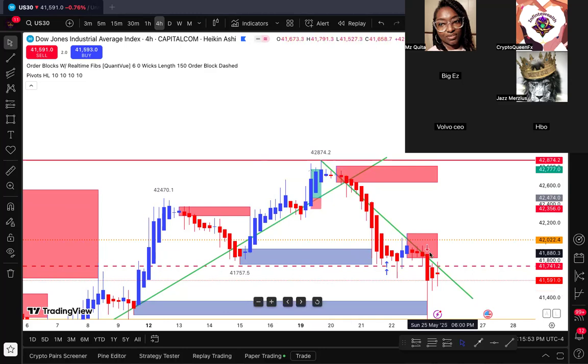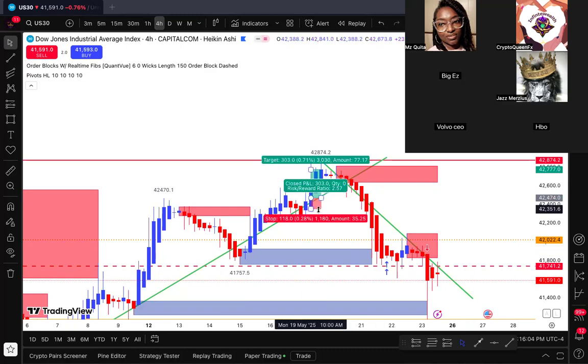But your stop loss, you can't be scared of your stop loss. You set your stop loss in a position where if it breaks that level, it's not, oh my gosh, I lost. The stop loss is set in a way that you're protecting your money. If it goes below that, then that's the market telling you it's reversing.